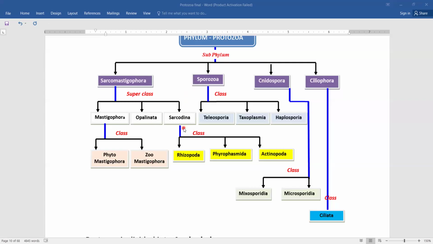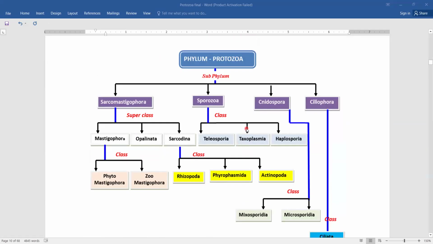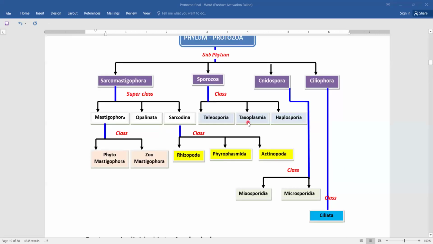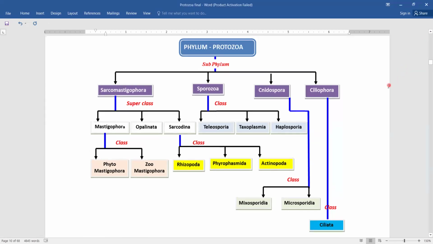And here in the Sarcodina superclass, again we have three classes: Rhizopoda, which is important, Piroplasmida and Actinopoda. So this is a very brief classification, after cutting all the excess orders, suborders, subclasses.